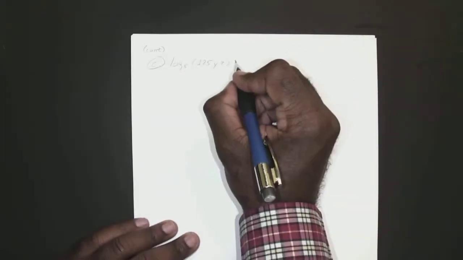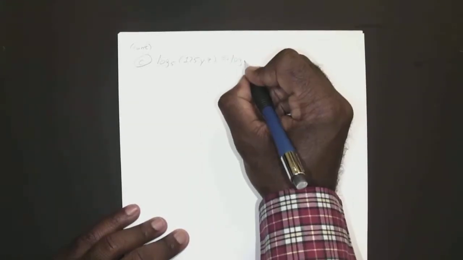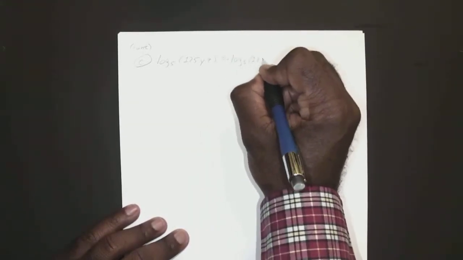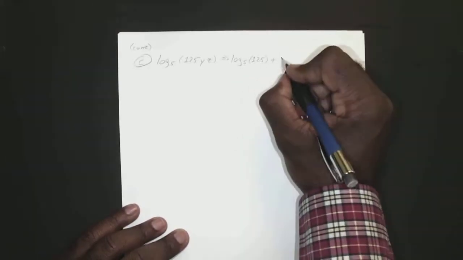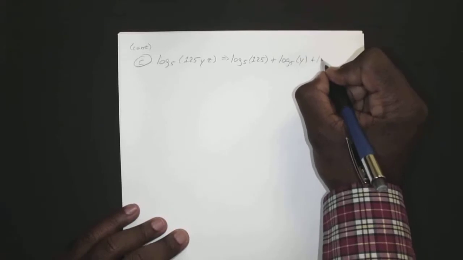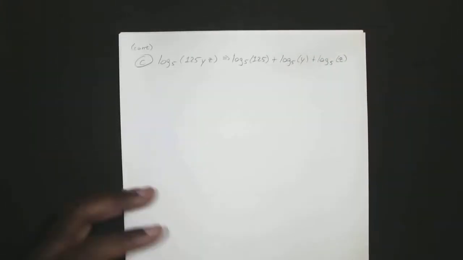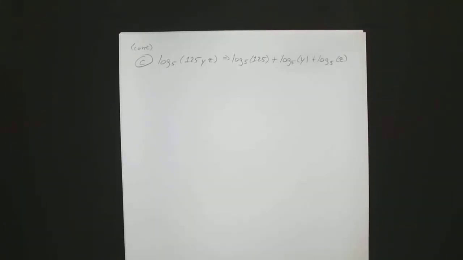So we can just make that log base 5 of 125 plus log base 5 of y plus log base 5 of z. So if you have multiple factors in there, you just have multiple terms when you convert it.